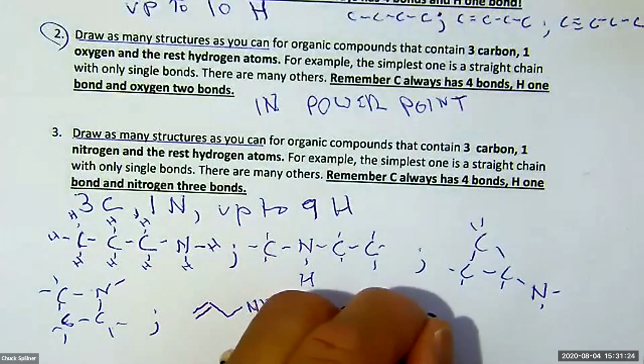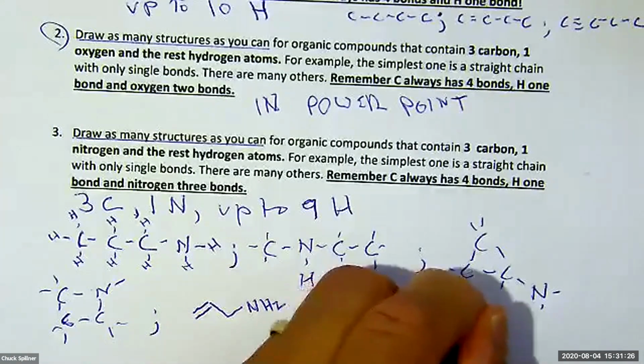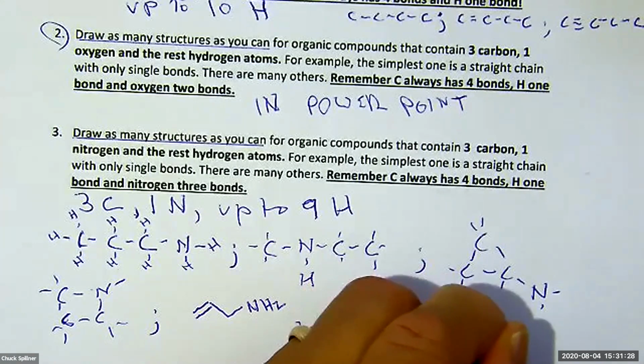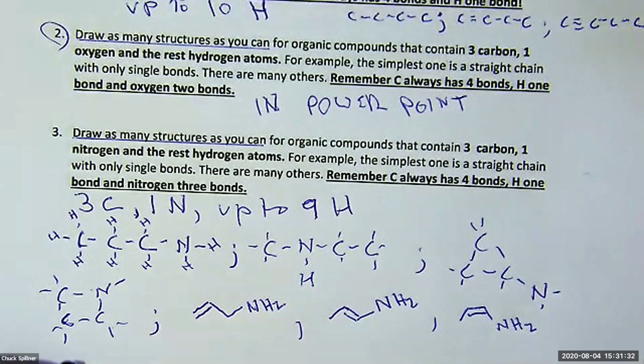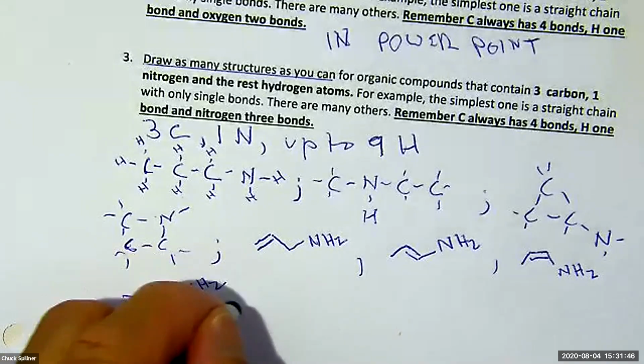And so I can make the cis, which would look like this. Okay, there's another isomer. I could do a triple bond with an NH2. There's another one, triple bond with NH2.